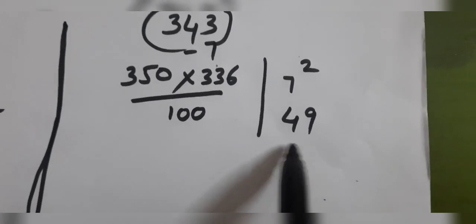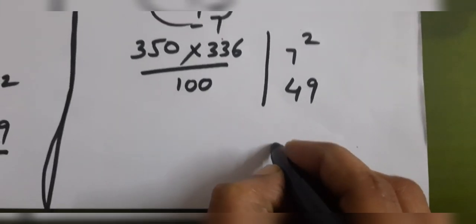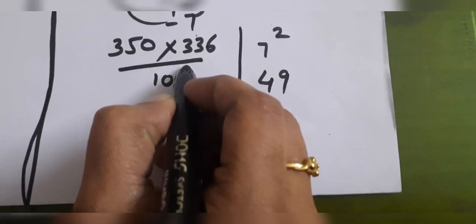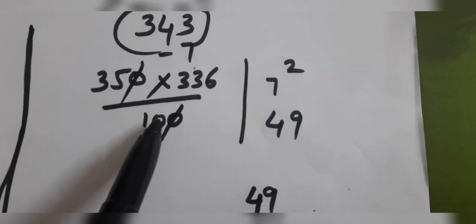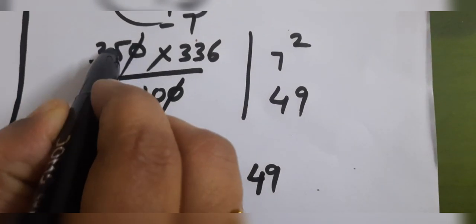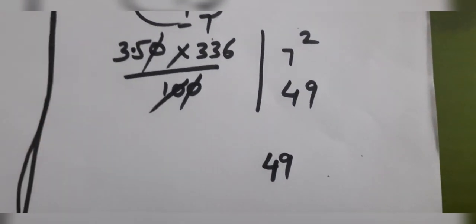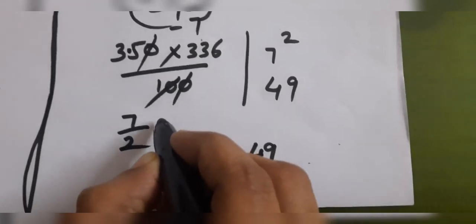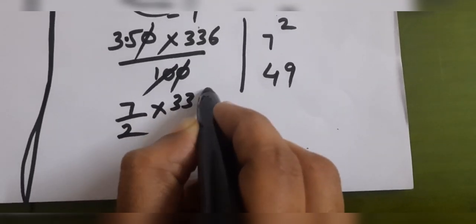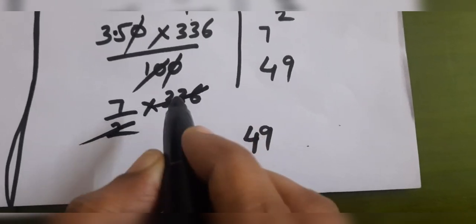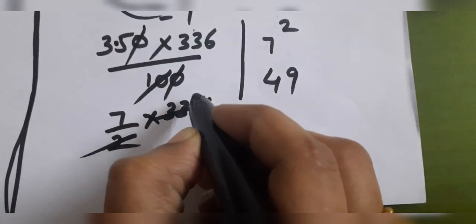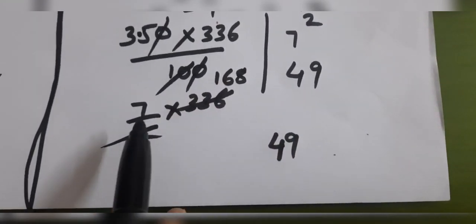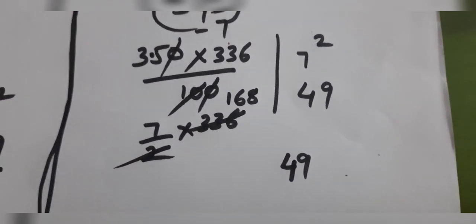So now these 2 digits will be your final answer. 0, 0 cancel. So 35 by 10 becomes 3.5. I can write 3.5 as 7 by 2 into 336. If you cancel, this 336 will become 168. So now find 7 into 168.